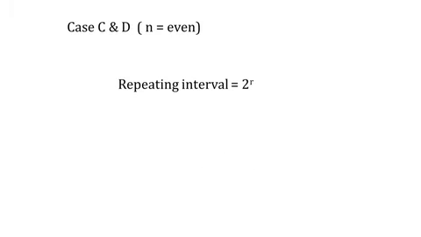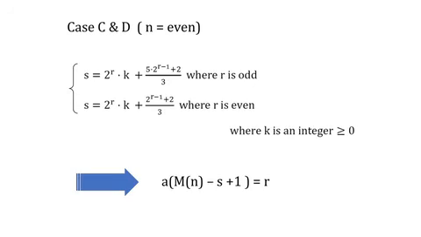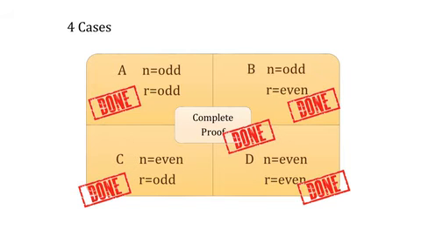And the repeating interval also is the 2 to the power r. So we can write these 2 formulas into the function of a. So at last, it's really equal to r. Hence, we have done the case C and case D also. We have done all the proof.